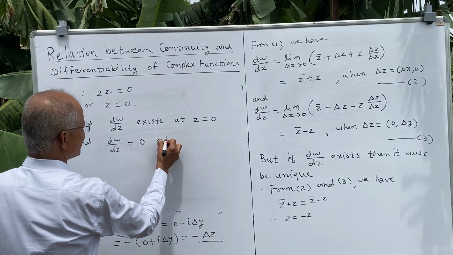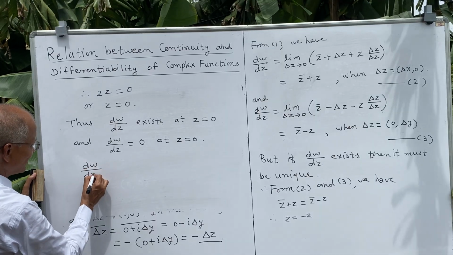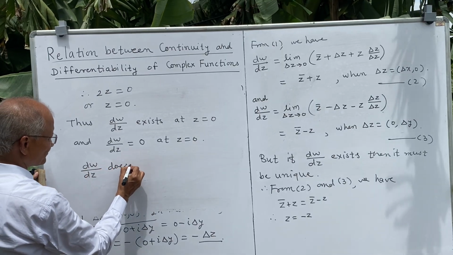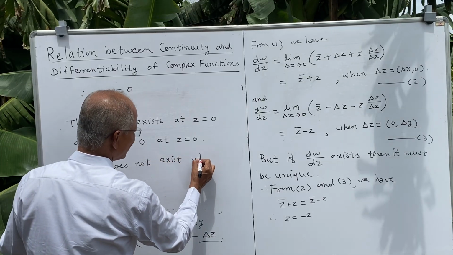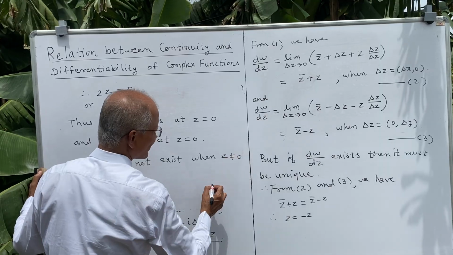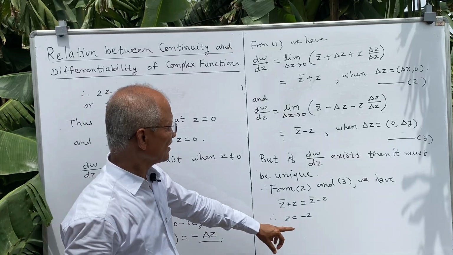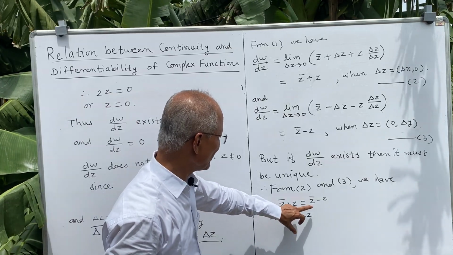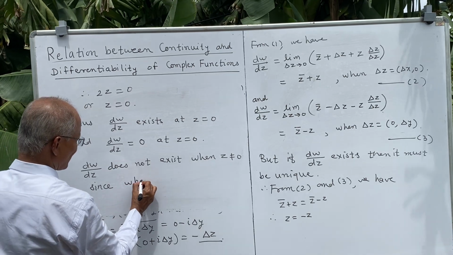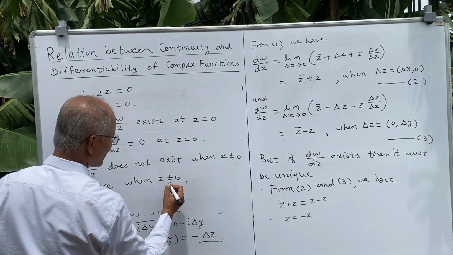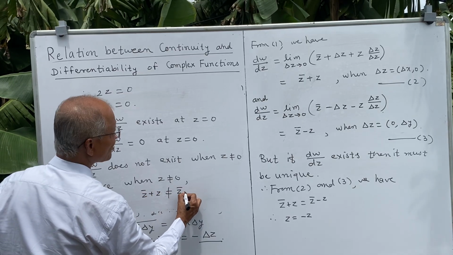Further, we see that dw by dz does not exist when z is not equal to 0, since when z is not equal to 0, z bar plus z is not equal to z bar minus z.